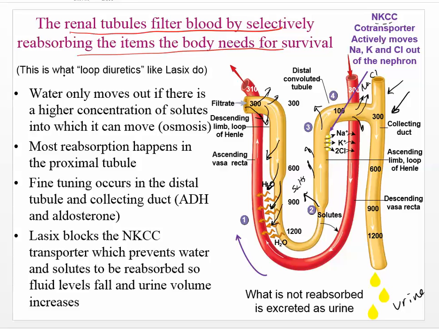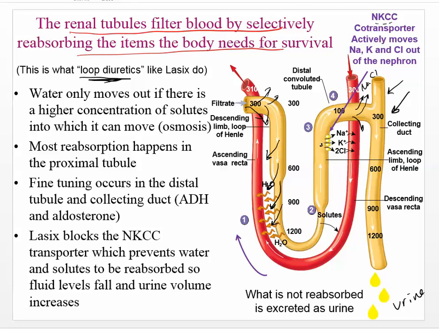And that's why we have things called loop diuretics. Loop diuretics can block these salts from being reabsorbed. That's what we're seeing here. It can block these salts from being reabsorbed, which means that those salts stay in. Let's just think about this for a second. Let's say we take a drug like Lasix.